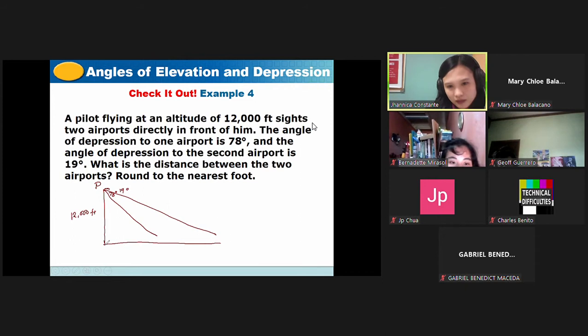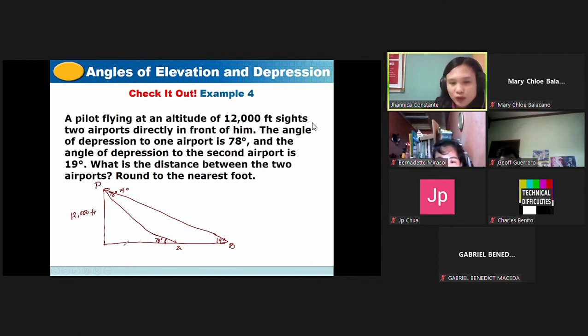So let's say this is airport A and airport B. Since this is 78 degrees, that means angle A also has an angle of 78 degrees. And we have angle B that has a measure of 19 degrees also, given from the angle of depression.